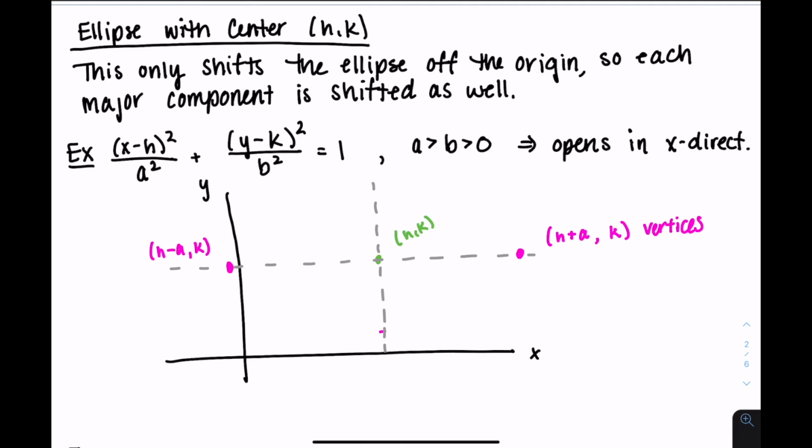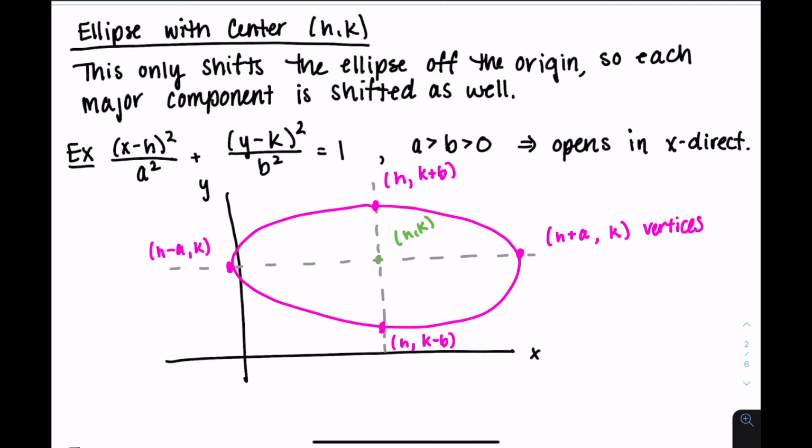Now if you want to see the other endpoints in the y direction, from the center, you go up and down a distance of b. So I keep the x coordinate the same, but I add b in the y, and I keep the x coordinate the same but subtract b in the y. And then your ellipse connects those dots.